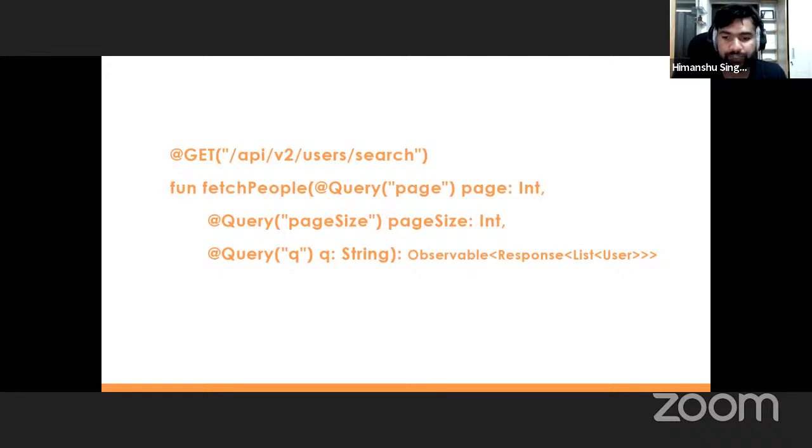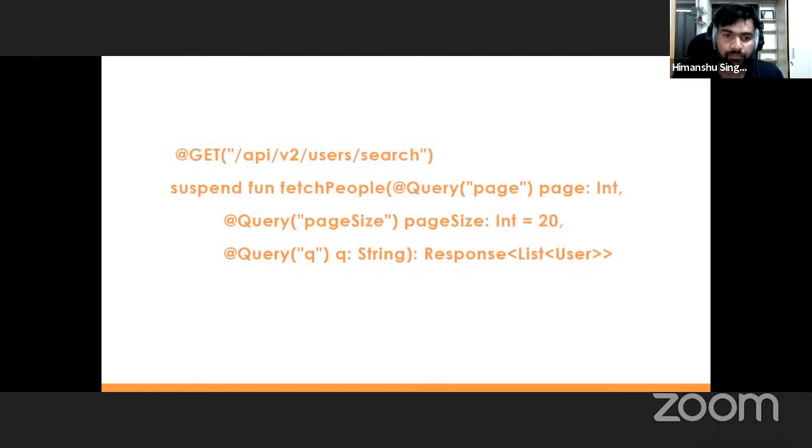But on the return side, we have an Observable, the Rx Observable, which returns the response of a list of users, correct? Now, if you have to change it to Kotlin coroutines and migrate it, you can first add a suspend keyword there, and remove that Observable from the response. That's how you can migrate the interface of the repository.